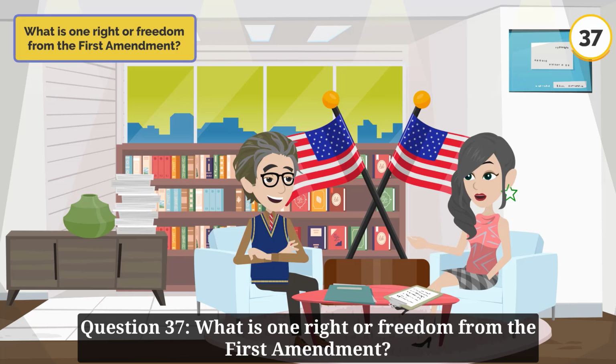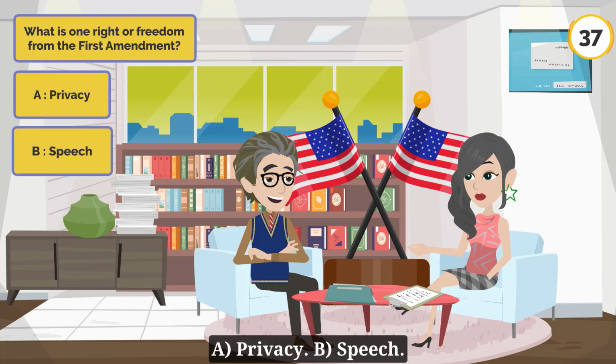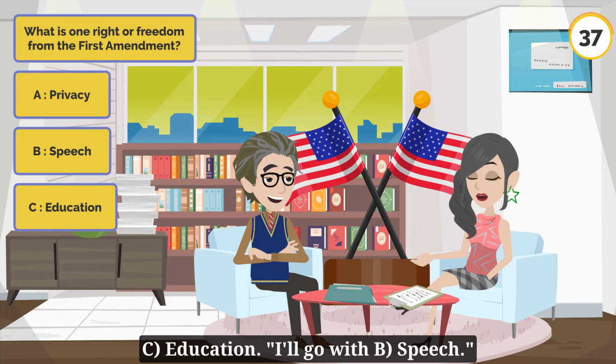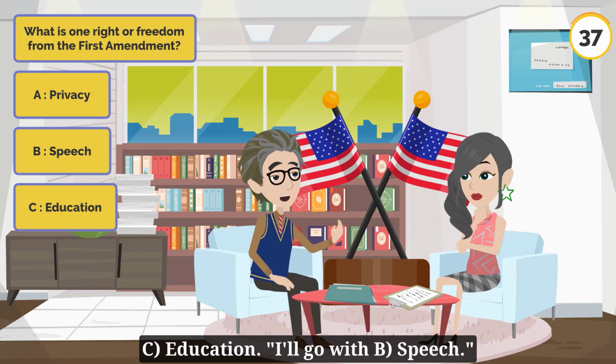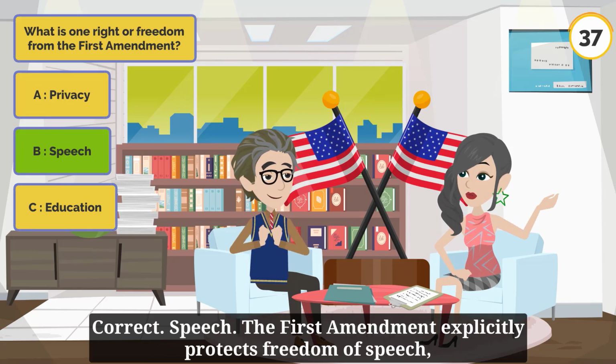Question 37. What is one right or freedom from the First Amendment? A. Privacy. B. Speech. C. Education. I'll go with B. Speech. Correct. Speech.